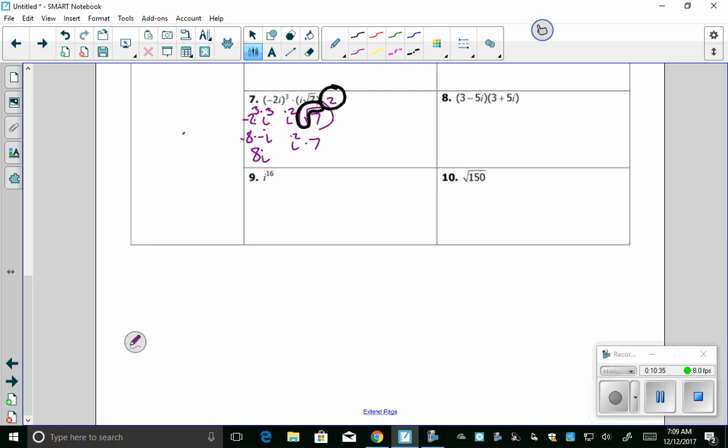But we know what i squared is. i squared is equal to negative 1 times 7, which gives me negative 7.